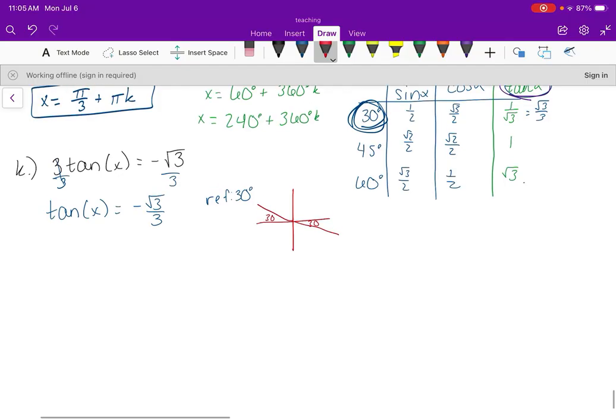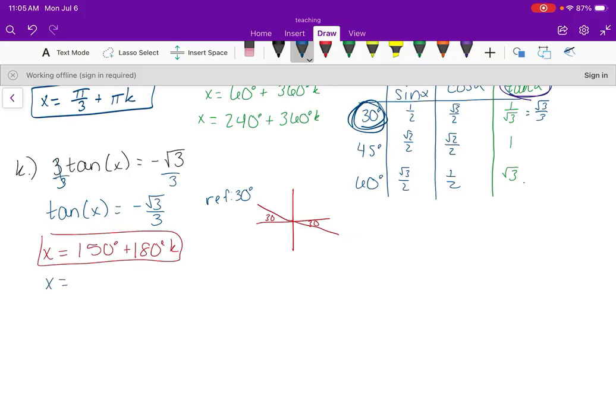Since they're only half a circle apart, I can just add 180 to get to the quadrant 4 answer. So I'll just write my quadrant 2, which would be 180 minus 30, so 150 plus 180 degrees k. In radians, it would be 5 pi over 6 plus pi k.